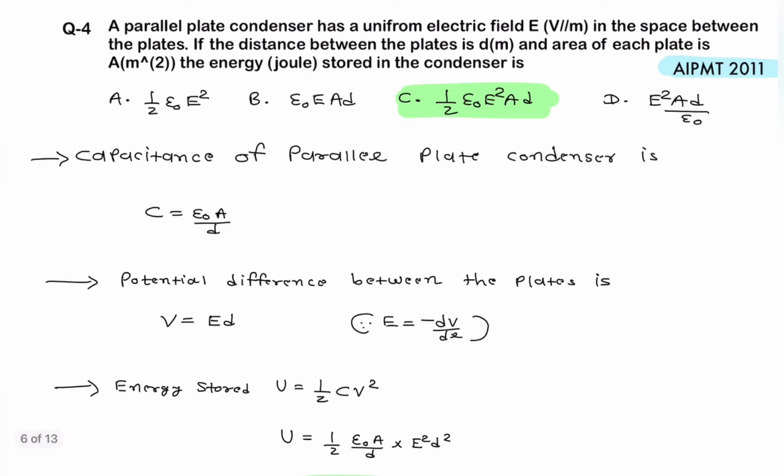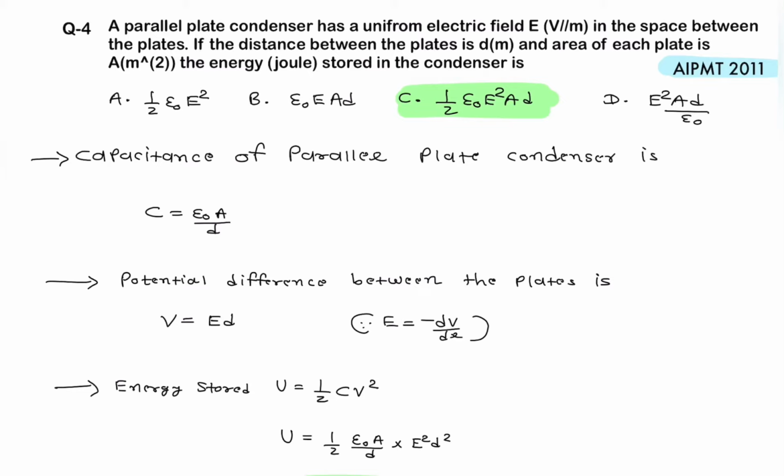Question number 4 that was asked in AIPMT 2011. A parallel plate condenser has a uniform electric field E in volt per meter in the space between the plates. If the distance between the plates is d meter and the area of each plate is A in meter square, then we have to find the energy required in joule, that is, the energy stored in the condenser.